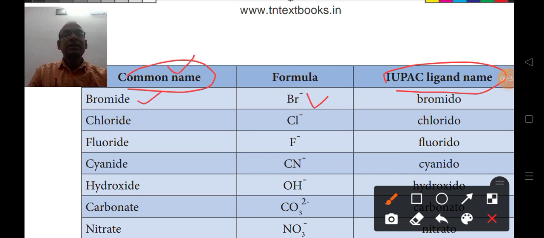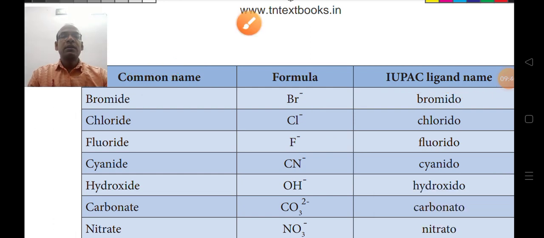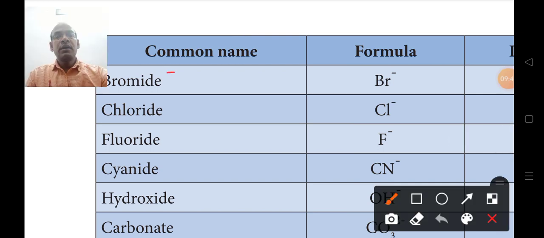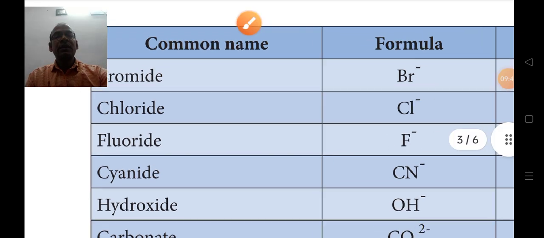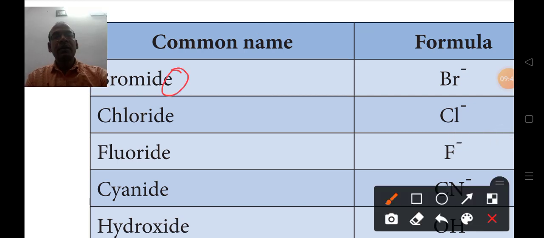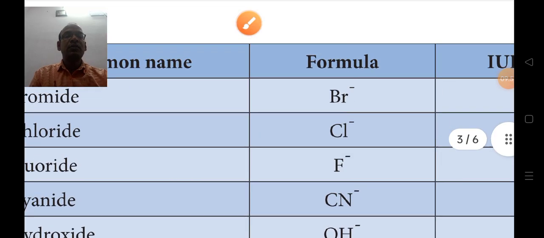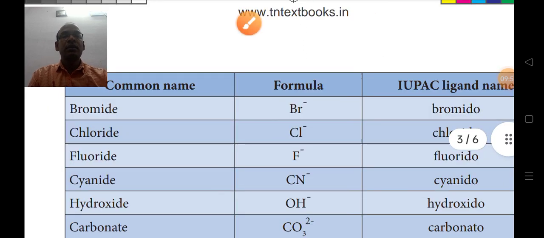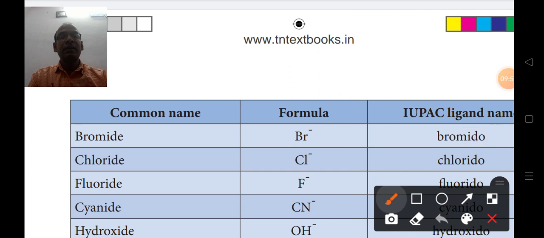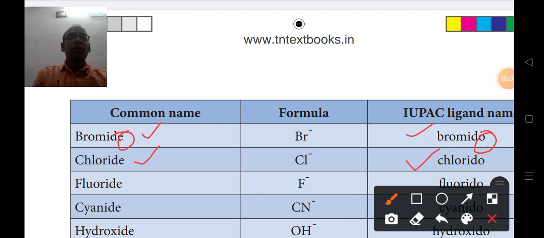If it is bromide in a complex, it is bromido. The notable point is that in bromide the last E is eliminated and O is added. Therefore, bromide is converted into bromido, chloride into chlorido, fluoride into fluorido, and so on.